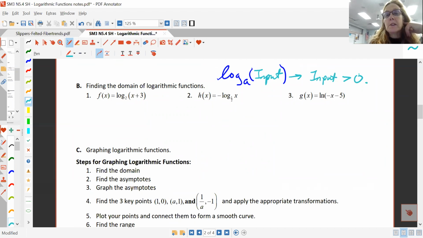So basic domain is x is greater than 0. If I look at the first problem, I have pretty much 2 ways you can figure out your valid domain.